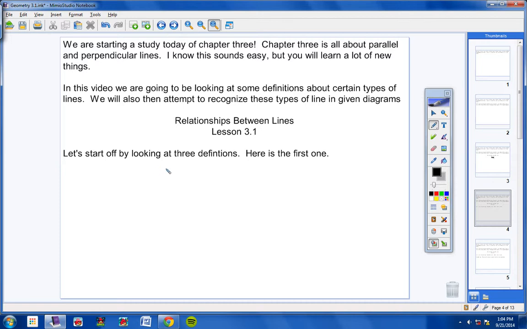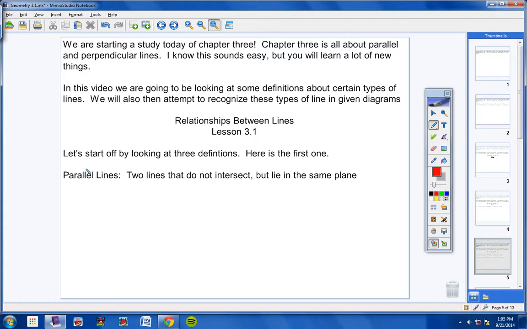Now, let's start off by looking at three definitions, okay? Here's the first one, parallel lines. Now, this is an old definition you've had for years, probably in middle school and elementary school. It's pretty simple, and here it is. Parallel lines are two lines that do not intersect, but they do lie in the same plane.